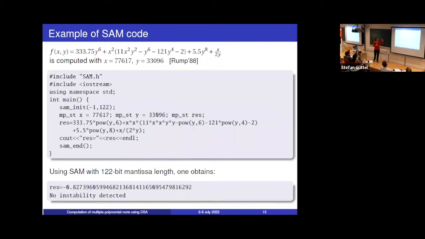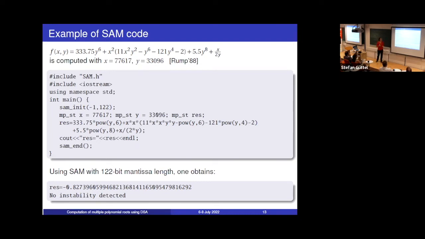Okay, so here we have a short example. It's an expression given by Siegfried Rump that we want to compute using this SAM library. Here we compute with 122 mantissa lengths, and we end up with a result which has here 35 correct decimal digits.